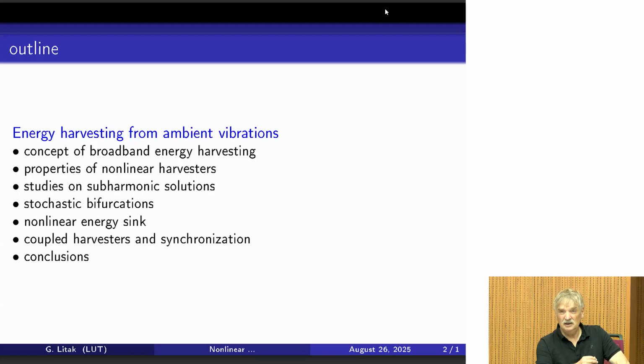And then I would tell about stochastic bifurcation. So I gave some introduction to you for linear stochastic systems, but in nonlinear stochastic systems you have some other phenomena, and one phenomenon is called resonance, and this is stochastic resonance.